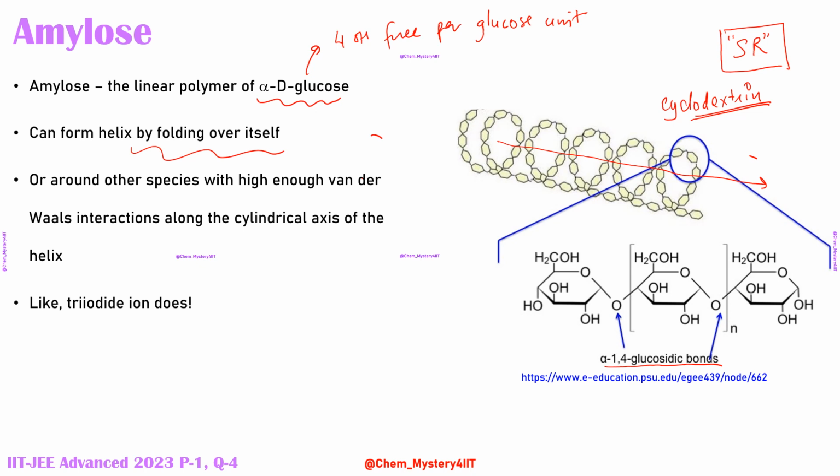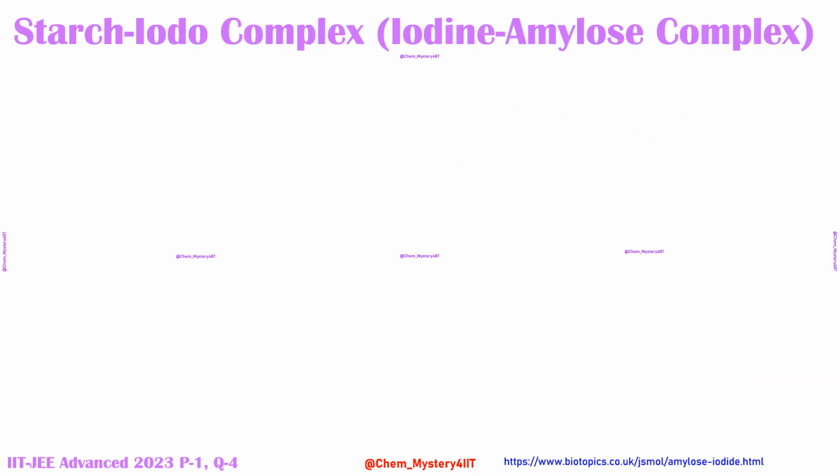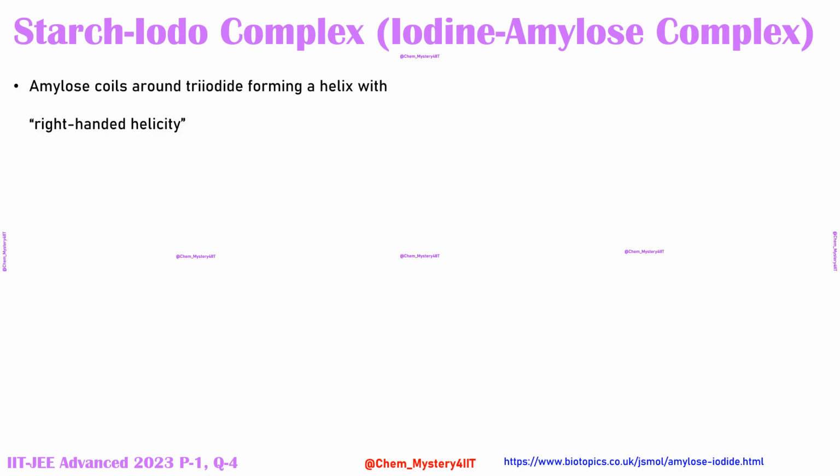So just like cyclodextrins used for medicines, here the triiodide ion is incorporated inside this helix, and that is how the amylose-iodine complex looks, which we can see once again in this diagram. In this image, amylose is coiling around the triiodide ion.